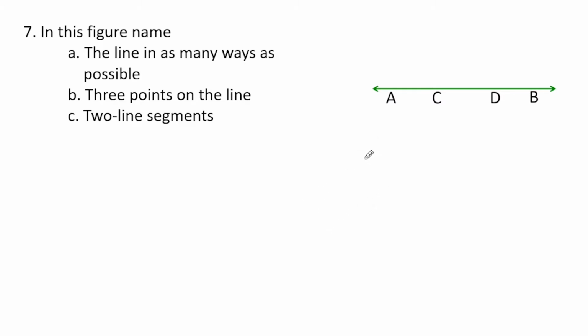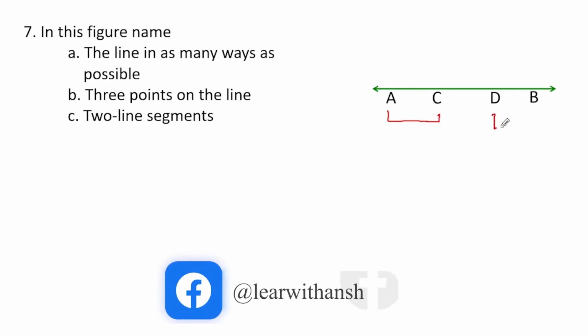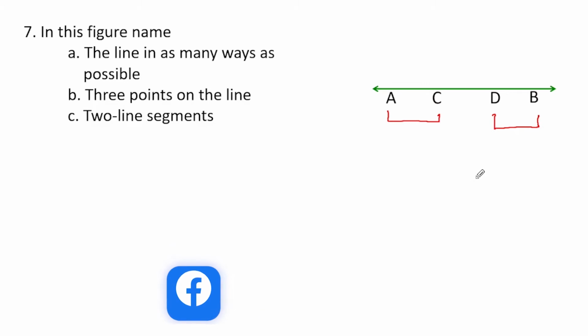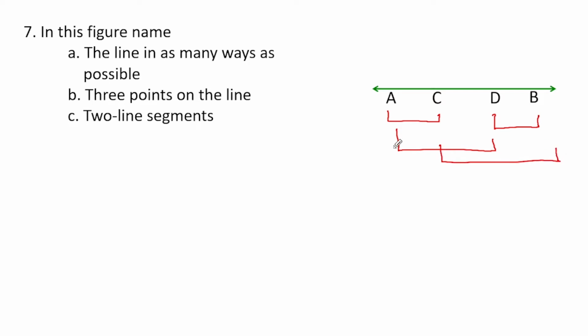To make it simple, we'll just take the segment between point A and point C, and point D and point B. You can take any other portion of a line, like between point A and point D, or between point C and point B. There are many possible ways, but to make this simple, I'm taking line segment AC and line segment DB.